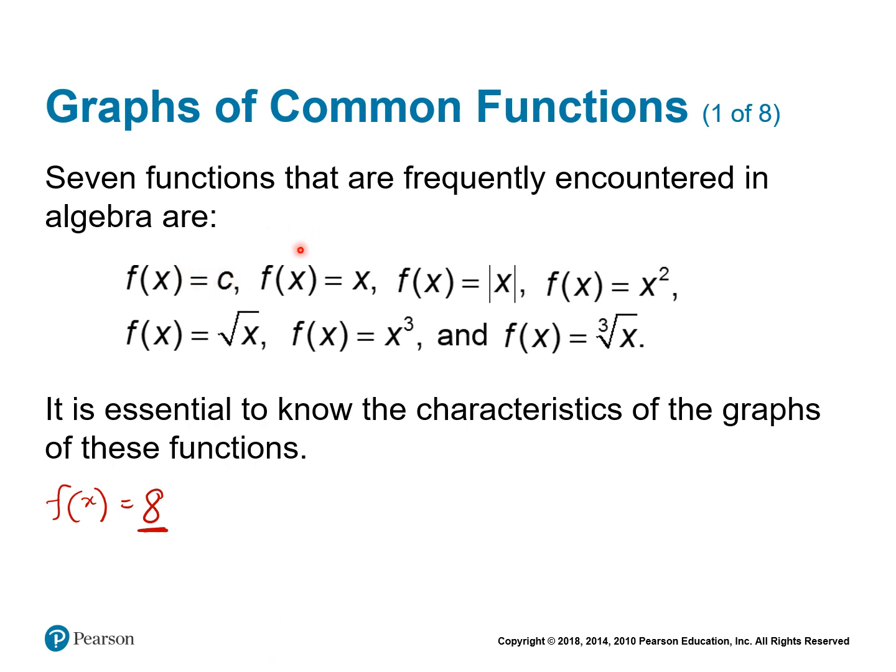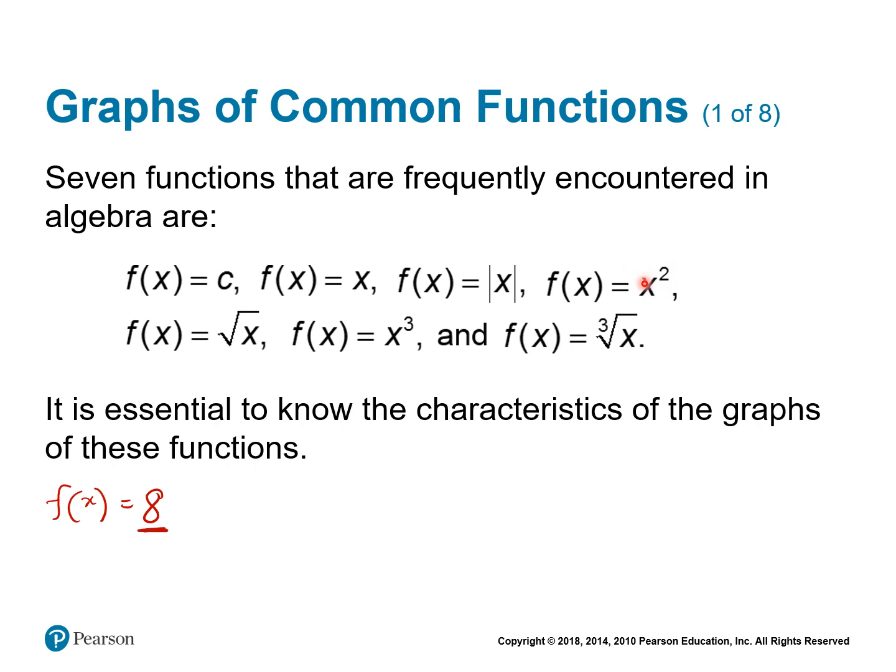Constant function. Then we have f of x equals x, which is the equation of a line. It's a linear function. Then we have f of x equals the absolute value of x. The graph of this is a V-shaped graph. F of x equals x squared is a quadratic function.